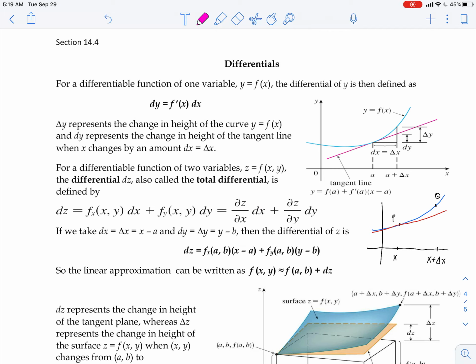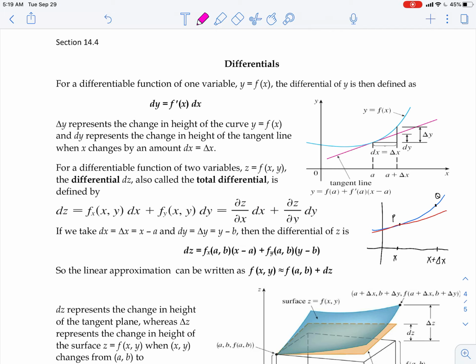And then delta y is the same thing it is with delta x. It's the total change from your initial y value to your new y value at Q. So that's delta y. Delta y is again the total change just like it is in x, but your dy is different because it's the dependent variable.